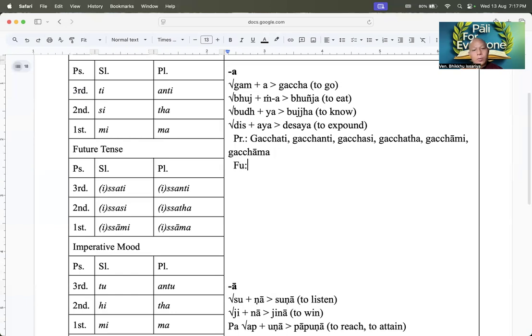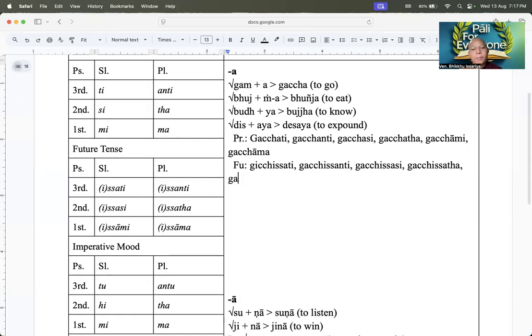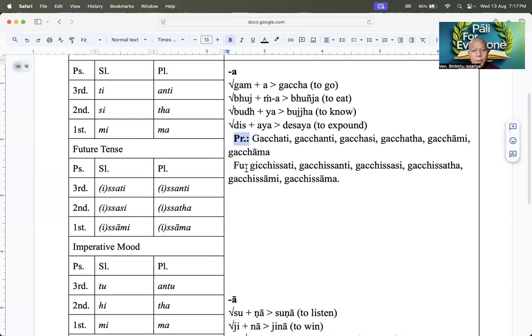For the future tense also we should do like gacchissati, and then gacchissanti, gacchissasi, and then gacchissatha, gacchissami, and then gacchissama. Okay. That is for the present tense and for the future tense.